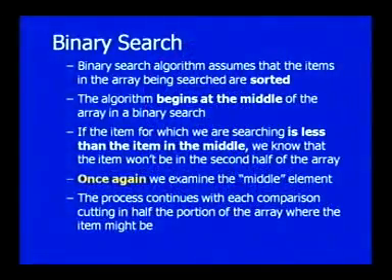So, the strategy is listed out as points here. The first point is that the binary search algorithm assumes that the items in the array being searched are sorted. This is one major requirement of binary search. That means it assumes that the items are already in sorted order, then only it is possible.